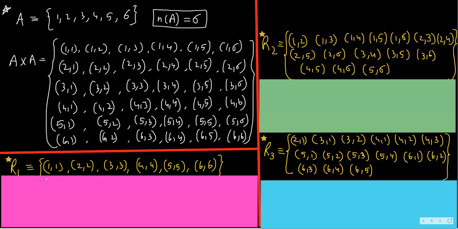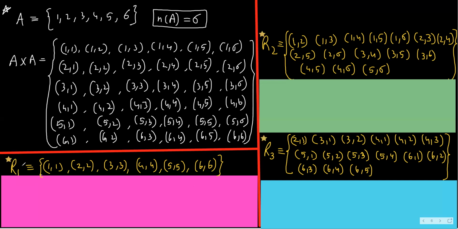Look at this relation R1. What do I notice? I notice that the relation R1 is a subset of A cross A. Yes or no? Yes. In R1 you have 1, 1, 2, 2, 3, 3, 4, 4, 5, 5, 6, 6.